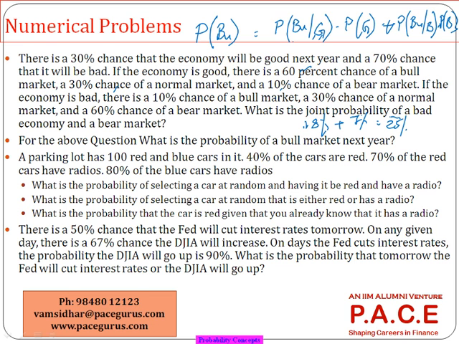So this is where your total probability rule will be helpful. He's asking what is the chance of a bull market, but he gave bull market with respect to some economy. In a good economy, this is the chance of bull. So he has given conditional probabilities, but he did not give any unconditional probability for us.